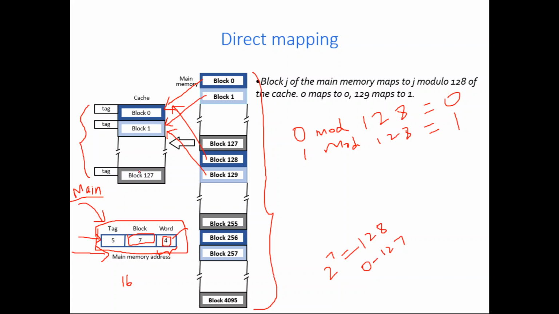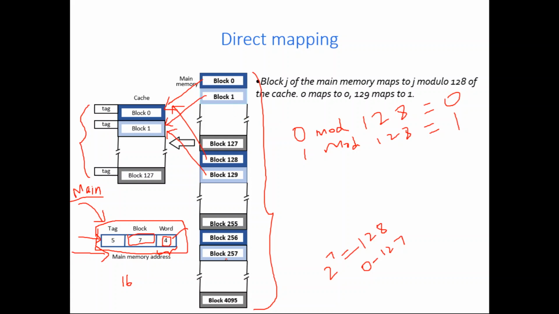Now the purpose of making this video is: given an address, how do you know whether that block is in the cache or not? That is what I'm trying to make you understand here.